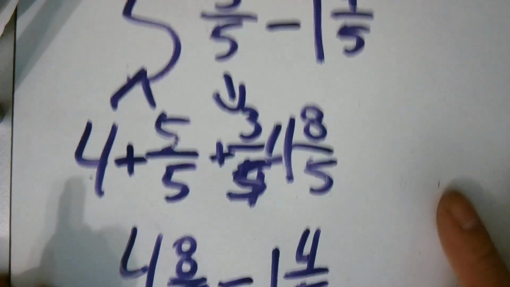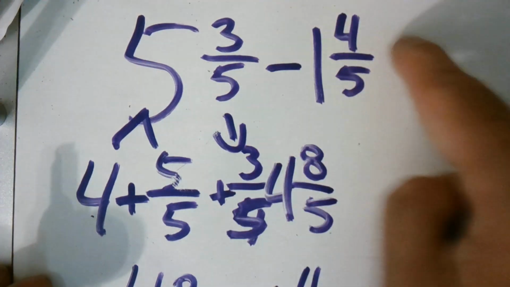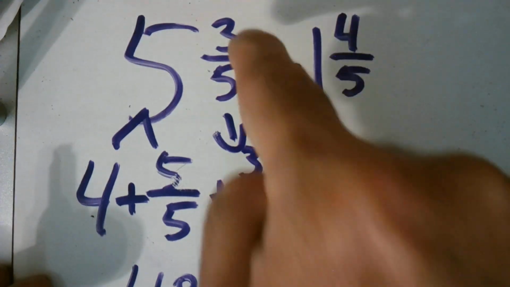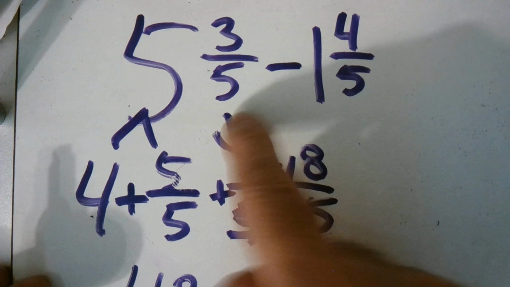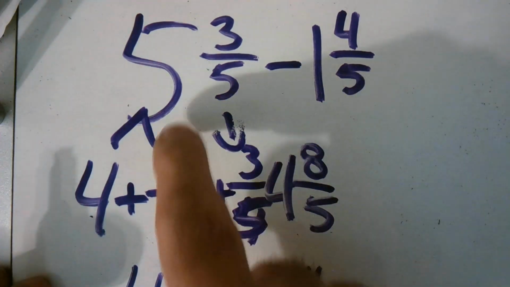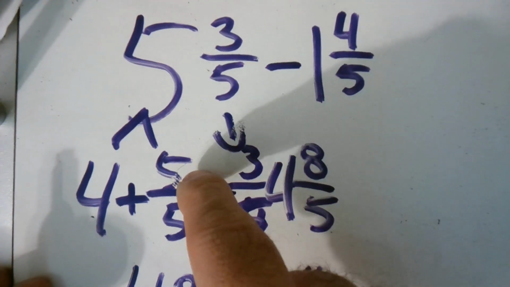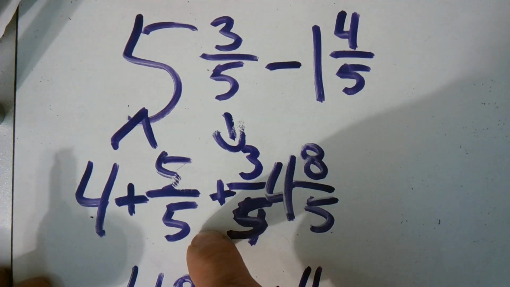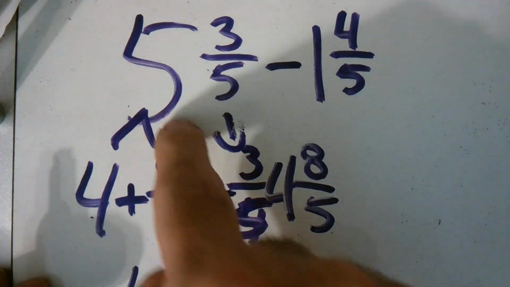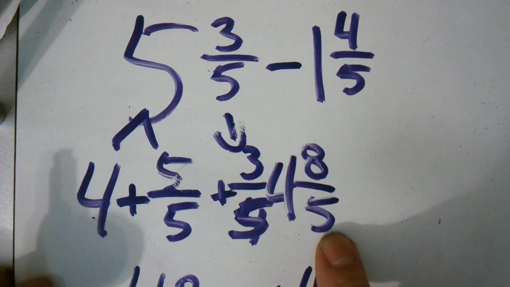So let's go over that problem again, break it down. We can't subtract 4 from 3. My denominators are going to stay the same at this point because they're like denominators. This 5 becomes a 4. 5 over 5. So this is this number. 1 plus 4 is 5. I keep my 3/5 and add them together.